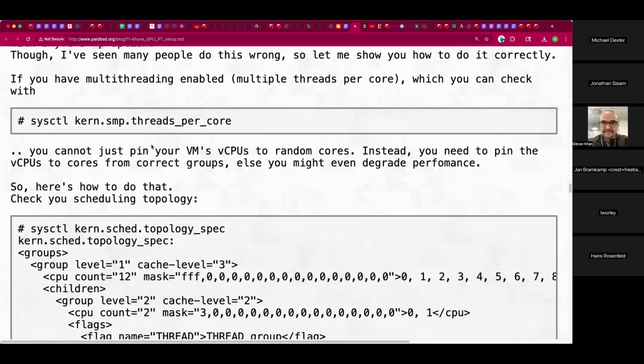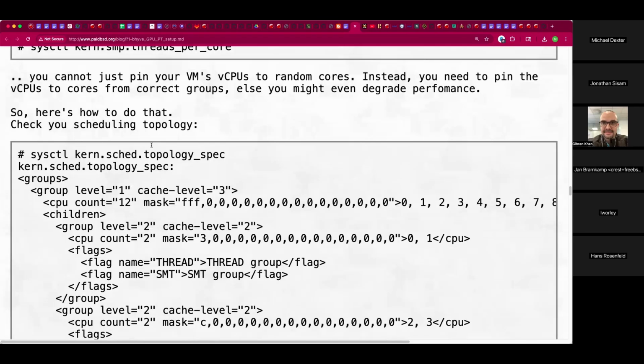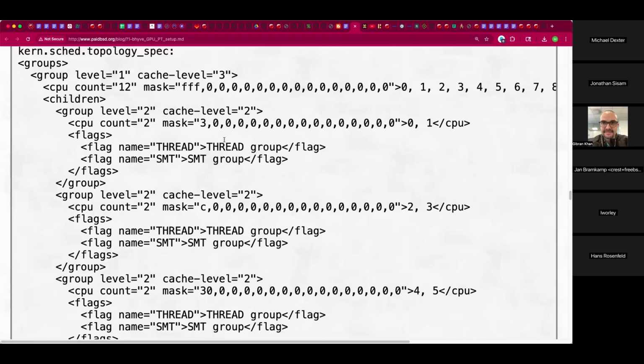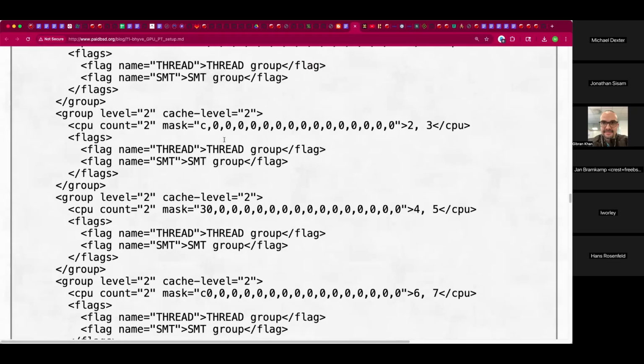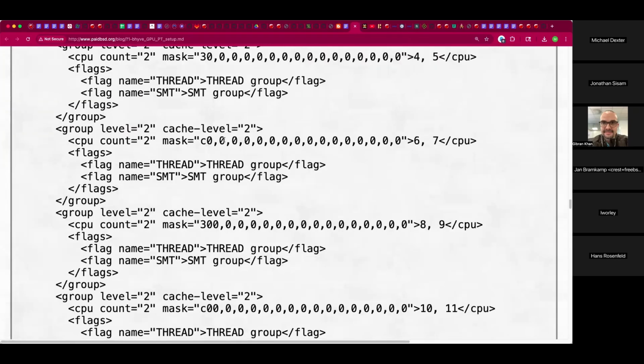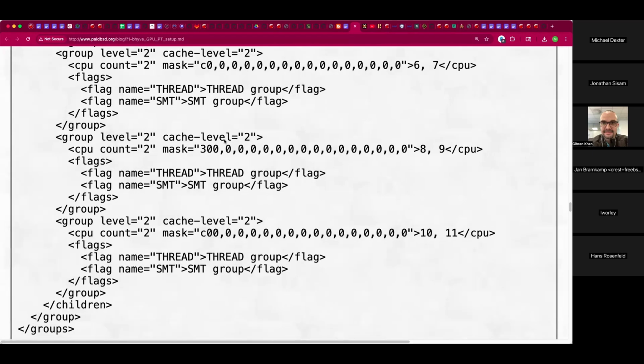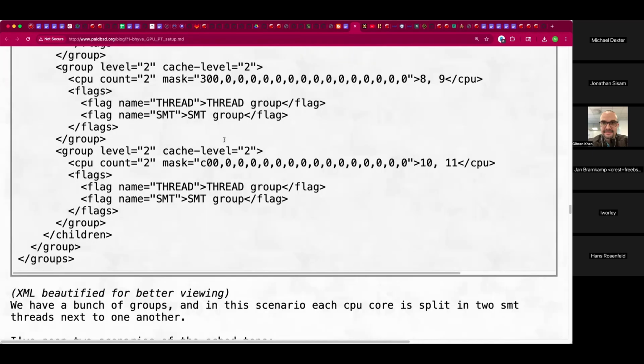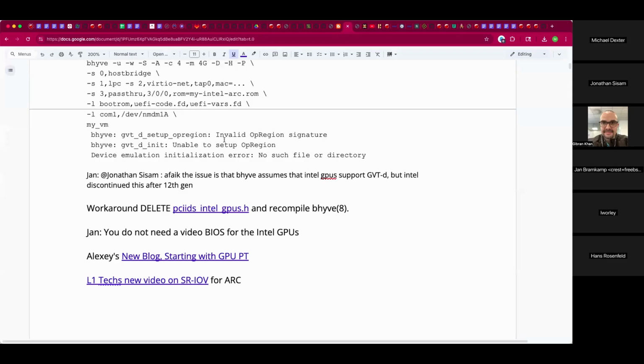If I remember correctly, an odd-even pair is one physical core, the hyperthreads on the same core. So the hyperthreads on the same physical core, I think, are an odd-even pair in FreeBSD.